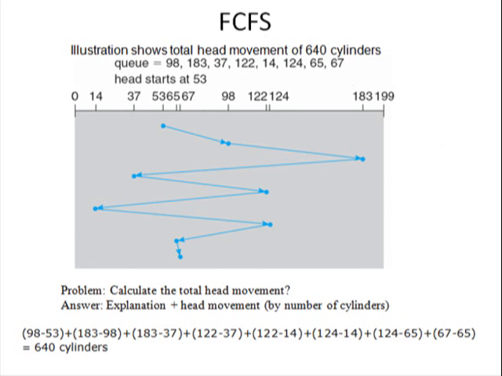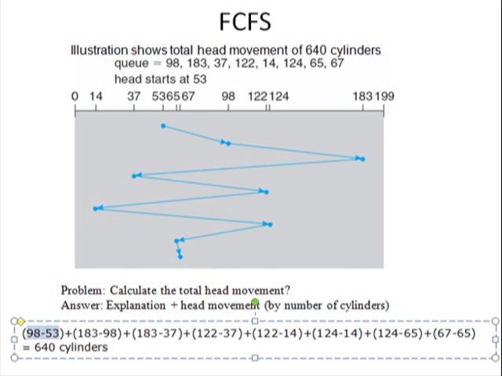Now here we need to calculate the total head movement. The head movement is generally calculated by subtracting the earlier position of the head from its final position. So whenever the head moves from 53 to 98, the head movement is calculated as 98 minus 53.